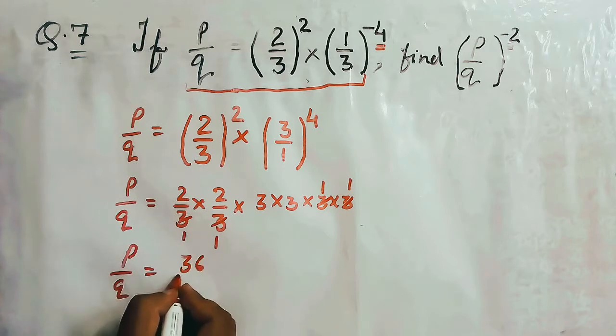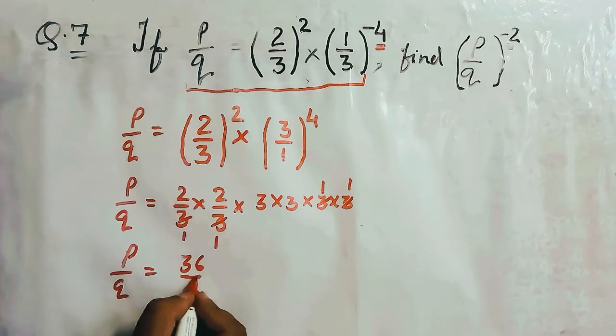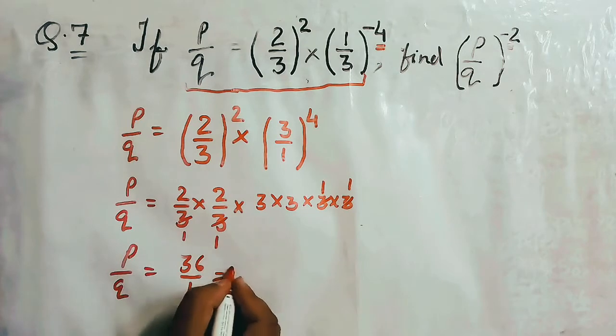This is 36 upon 1, 1s are 1, and can be written as 36.